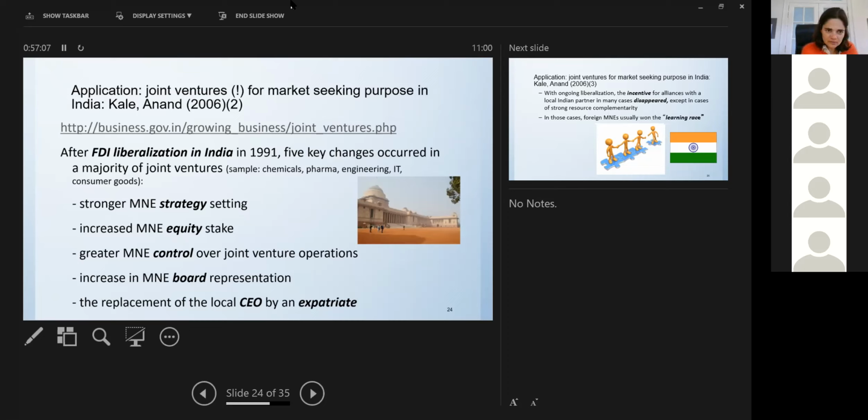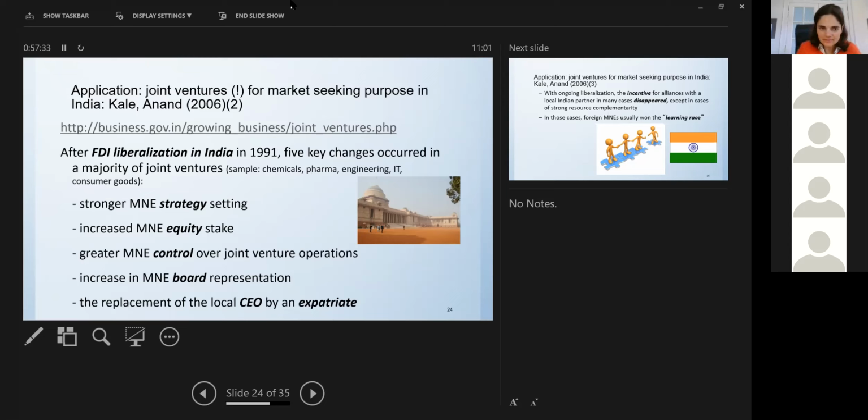And in many cases, they replaced the local CEO gradually by an expat, because these expats also wanted to learn about the local market. But in fact, it was very crucial that they had the local CEO first, because they had much more knowledge about the entry strategy and the marketing plan and everything in India.